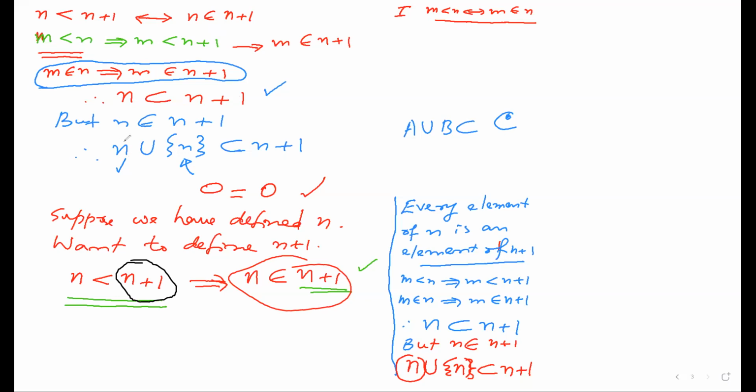Every element of N is an element of N plus 1, because if M is less than N, and N is less than N plus 1, then M is less than N plus 1.